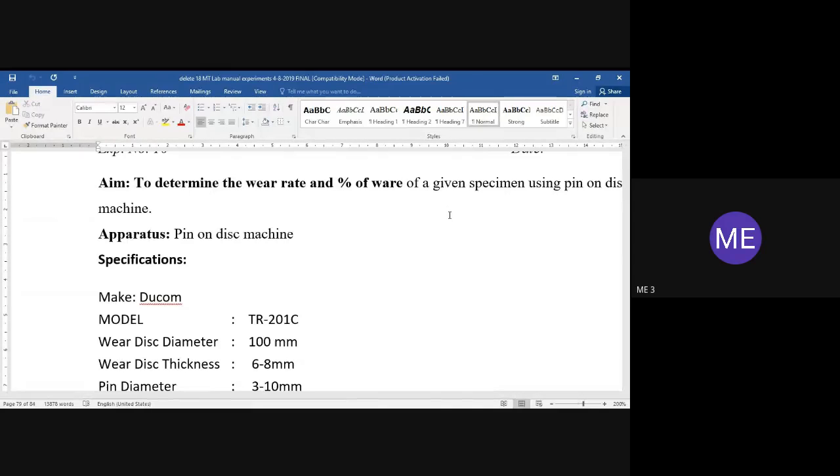A practical example for the wear. Can you give some example for wear?